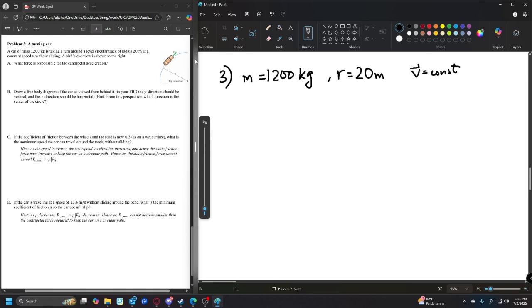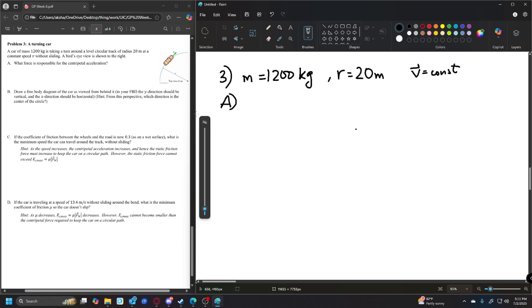And they've given us a bird's eye view on the right there. So question A is asking us what force is responsible for the centripetal acceleration? So the force that is responsible for the centripetal acceleration is static friction, which is pointing radially inwards.